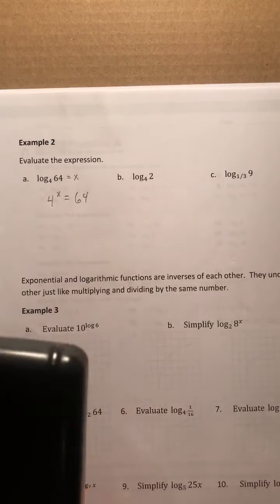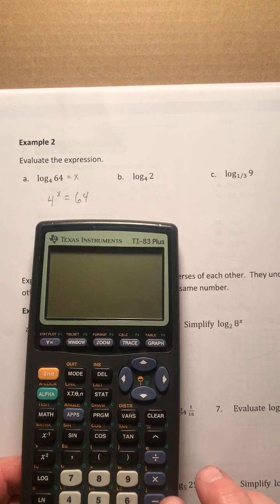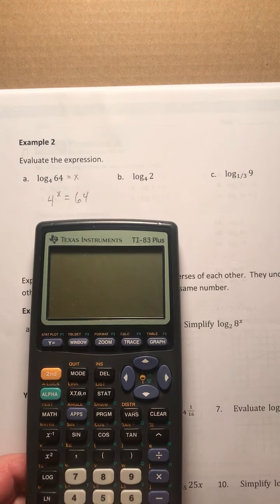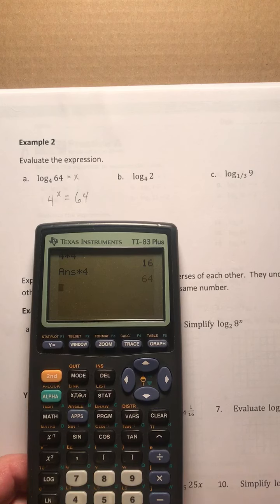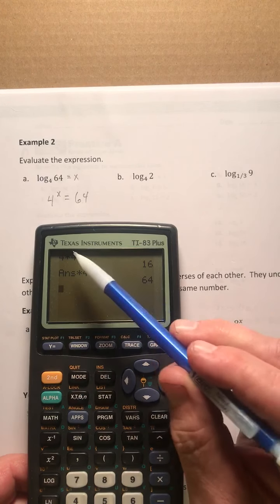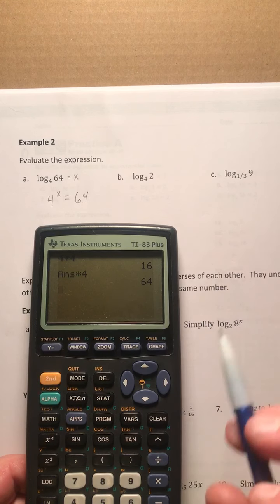And if we use your calculators, you can just use your calculators by doing multiplication. So you can just put in there 4 times 4, and you get 16, and then you do times 4, and there's our 64. So it was 1, 2, 3, 4, so 4 to the third power would give us 64.